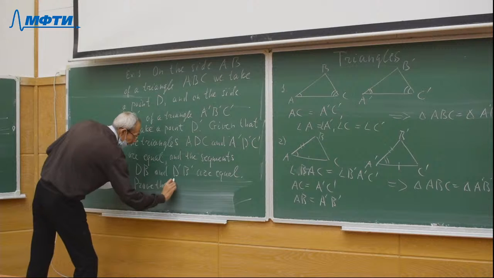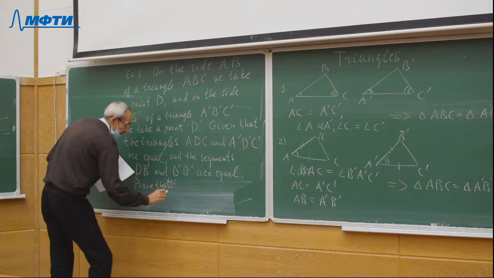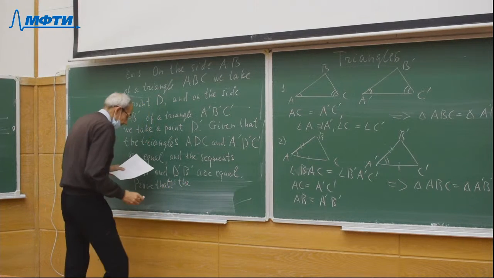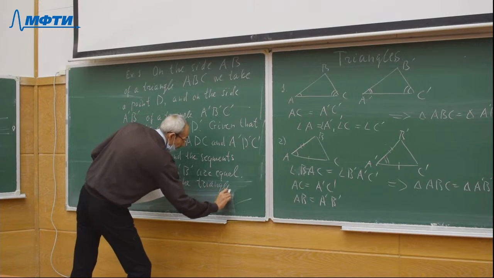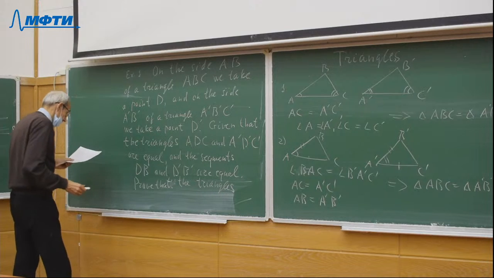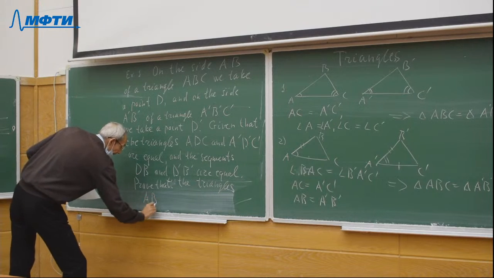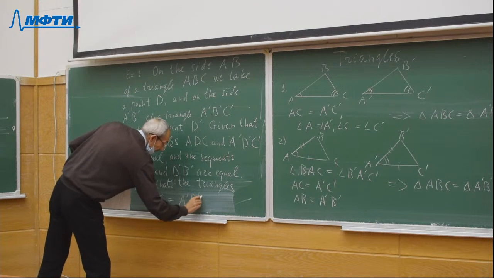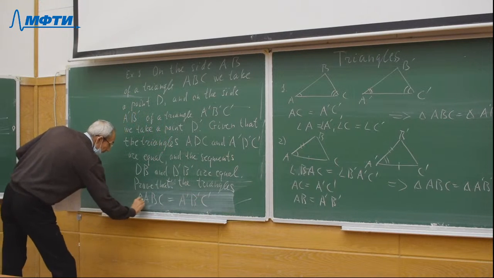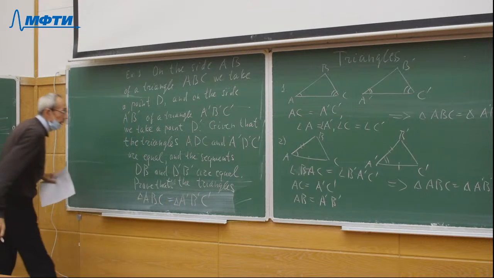Proof that the triangles ABC and A prime B prime C prime are equal.